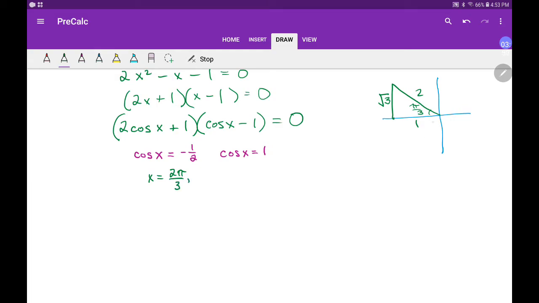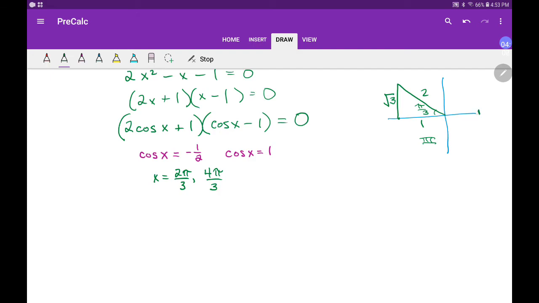And also, same thing happens down here in quadrant 3. X is negative. It will give me a negative value. So I'll say 4 pi over 3. Those two values. And then the question is, where is the cosine of x 1? And the answer is at 0, right there.